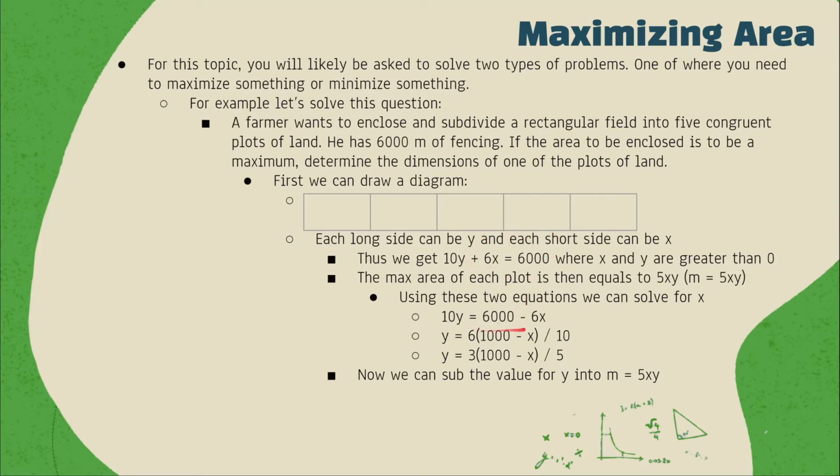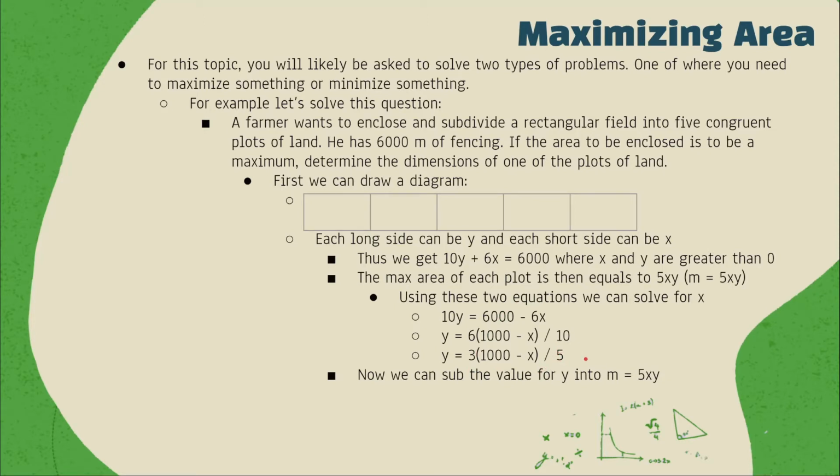Now we could isolate 6, so we just pull it out from both of the like terms, and we're left with 6 times 1,000 minus x. Then we could also divide by 10 on each side to isolate for y, and so we get this right here. Now we see that we have a 6 and a 10. They both have a common factor of 2, so we could factor out the 2, and now we get 3 times 1,000 minus x divided by 5.